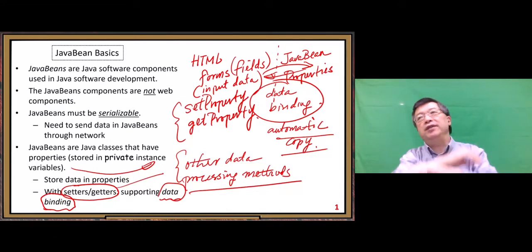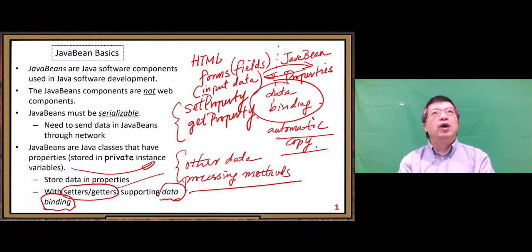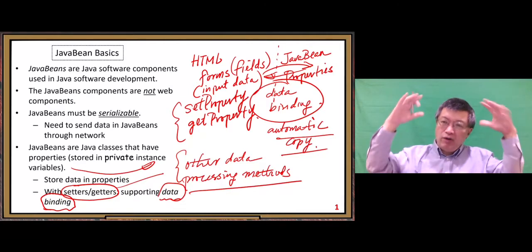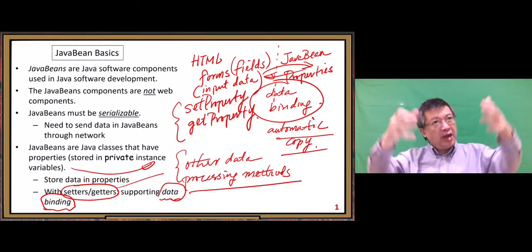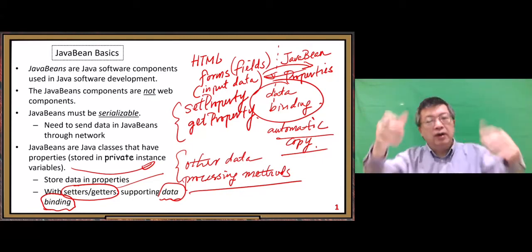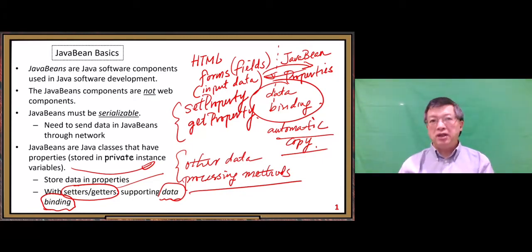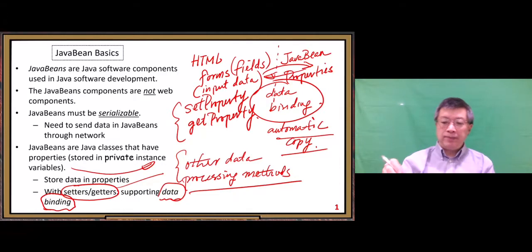Right now it is too early, because we have not learned enough background knowledge to understand those details. So I need to delay. At an appropriate time, I will explain that. Here, I just give you a high-level overview. Later, we will get deeper and deeper into this topic, the data binding topic.